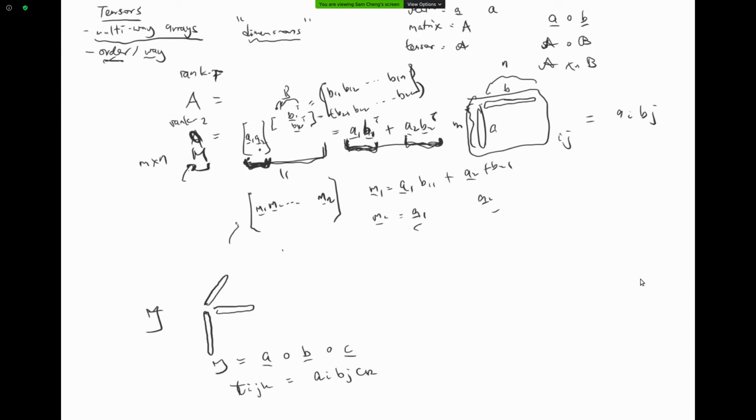So for example, the ijk element somewhere inside here is just equal to this i element ai times this bj times this ck.